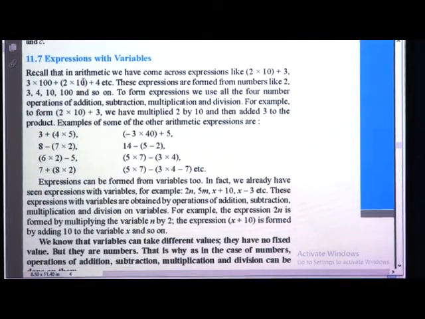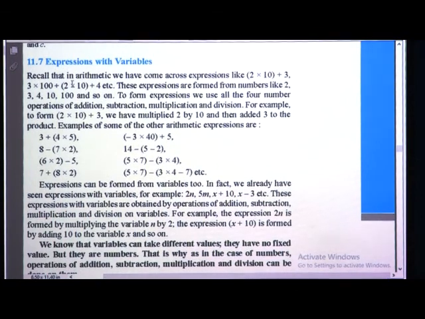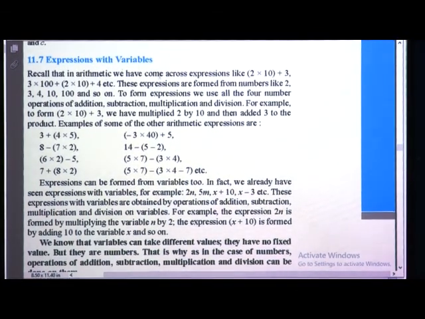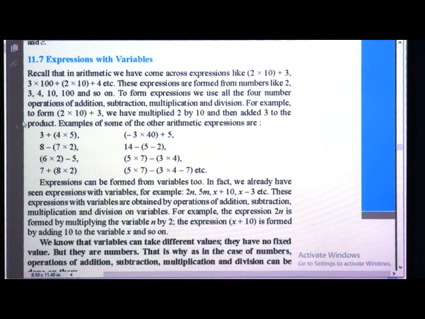expressions with variables. Recall that in arithmetic we have come across expressions like 2 into 10 plus 3, 3 into 100 plus 2 into 10 plus 4, etc. Yes, we have come across this type of expressions in arithmetic.